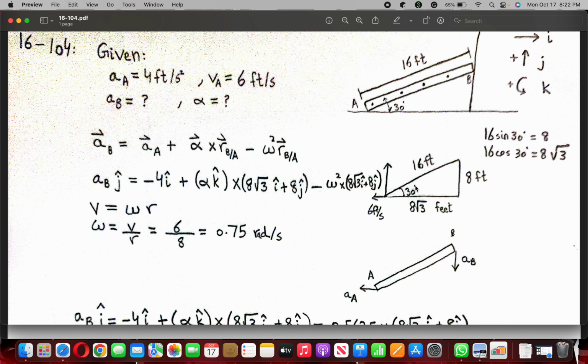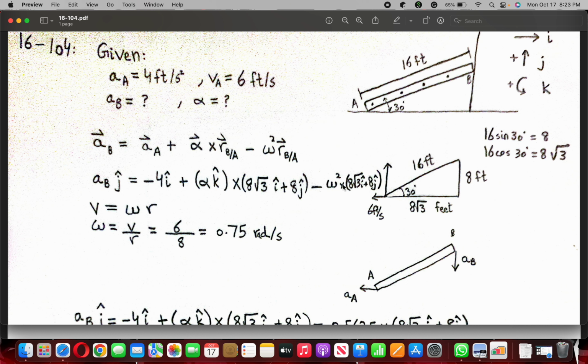This is the triangle with an angle of 30 degrees and a hypotenuse of 16 feet, so we can get the vertical and horizontal components by using the trigonometric ratios which you can see over here. 16 sine 30 is 8 and 16 cos 30 is 8 root 3.